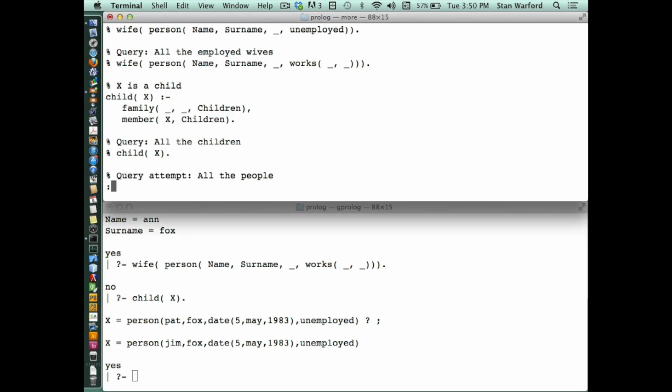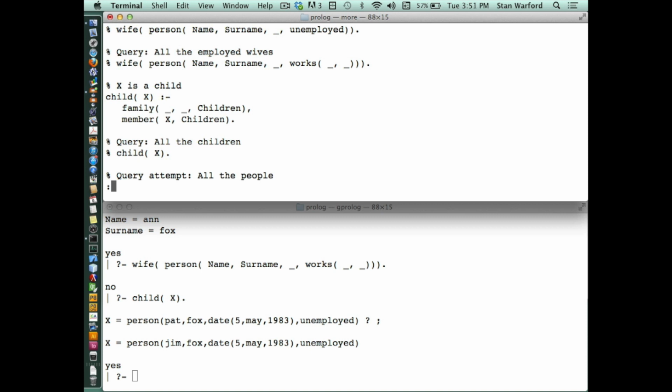How about this? How could we get all the people? Notice I say query attempt. So how could I get all the people? What would be kind of a natural thing for you to think? Well, you could do multiple rules. Well, see, you guys are too smart.